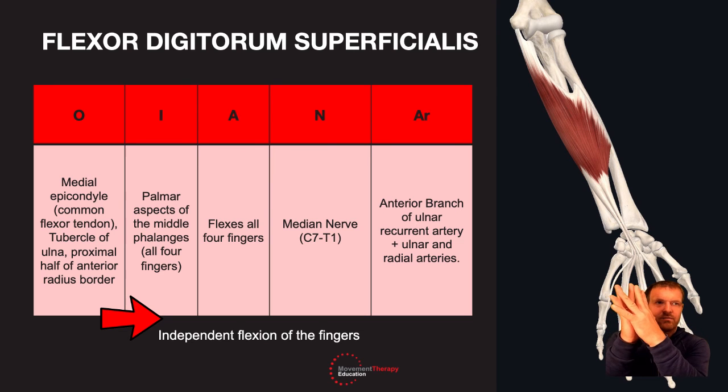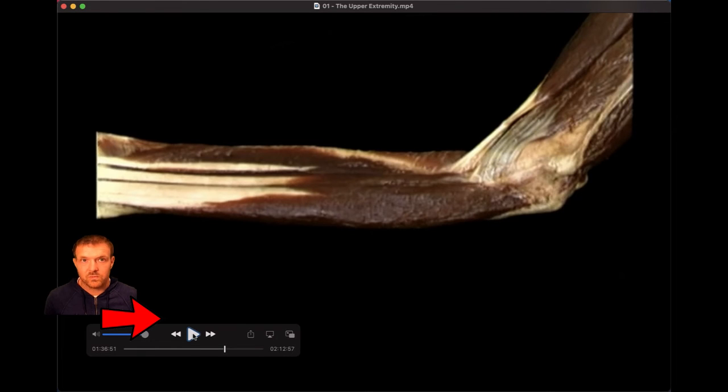So you pin everything down and then you just move the finger like that, and then you know that that part of superficialis is intact, and you go through all of the fingers. That's how you would assess them. Right, let's have a look at this. So this is superficialis.